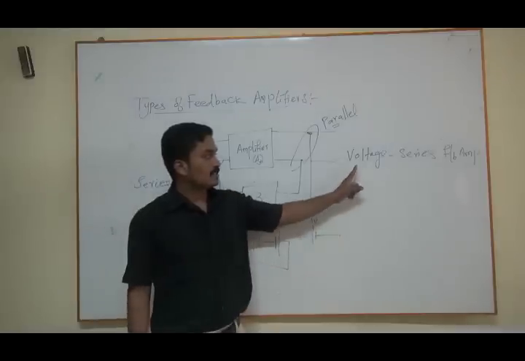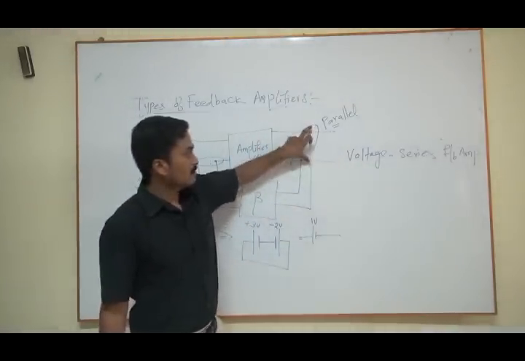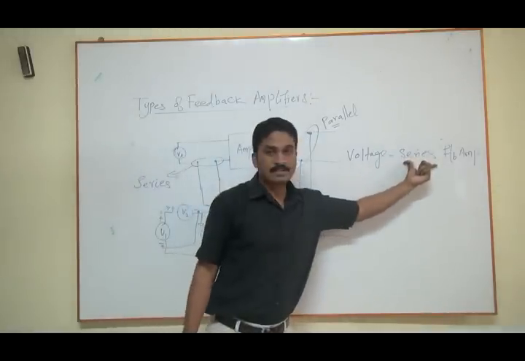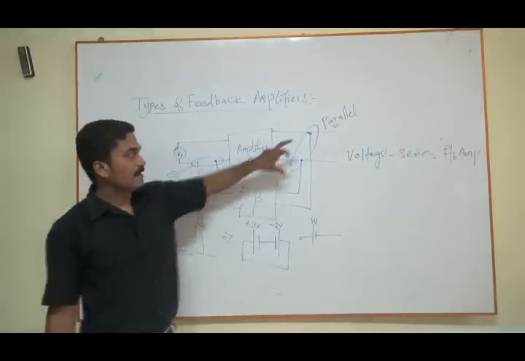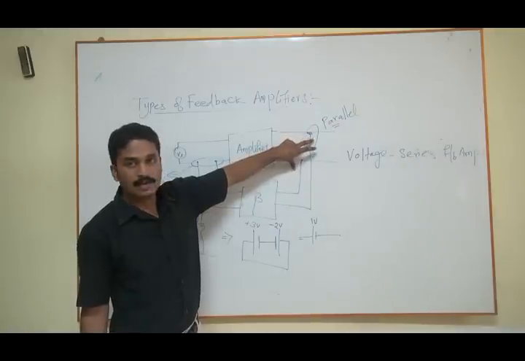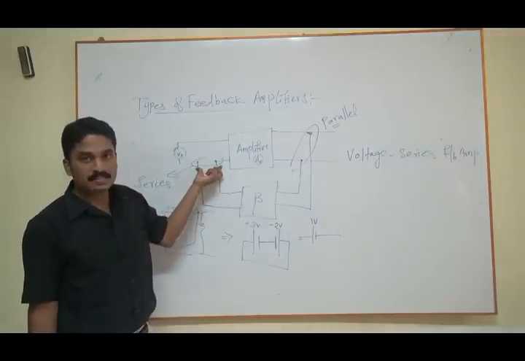And whenever I write voltage series, the first word, voltage, represents the output side, and the second word, series, represents the input side connection. So now we have drawn voltage as a feedback signal, and I connected that in series with the source.